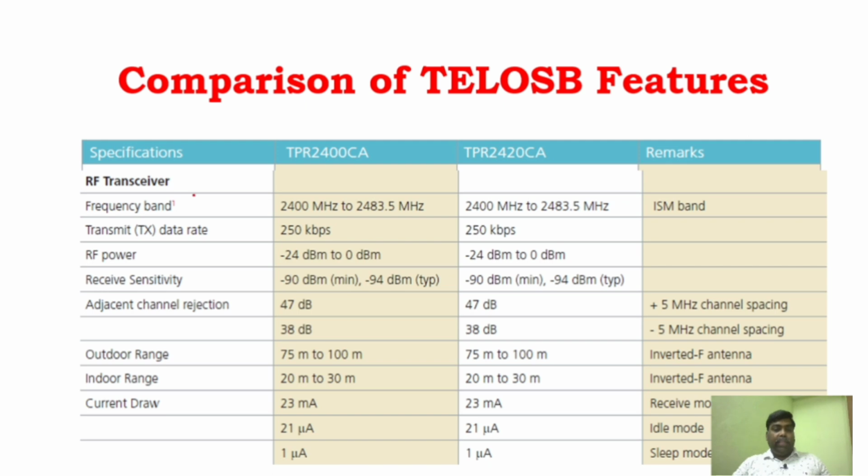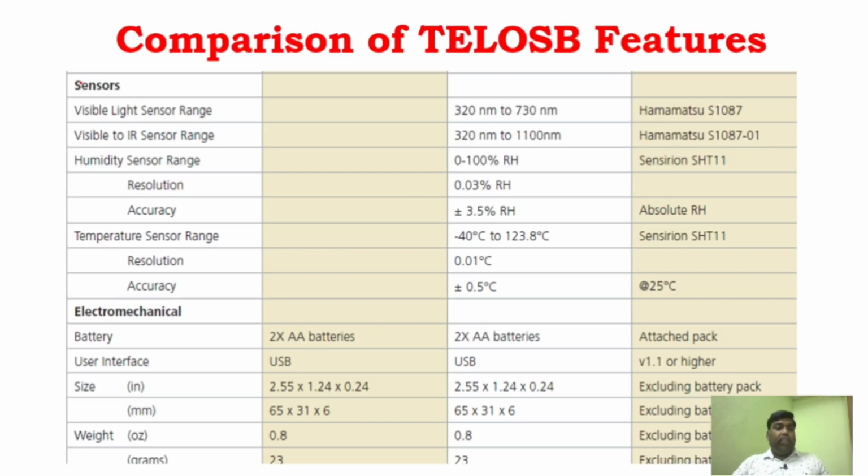And you can see even the RF transceiver which we use, everything will have the same configuration. The only difference here is the sensors. That is, this particular 2020 version will have a sensor suite in it, where we can integrate the IR sensor, humidity sensor, temperature sensor, all those things. And this version will not have any sensor suite in it, right?